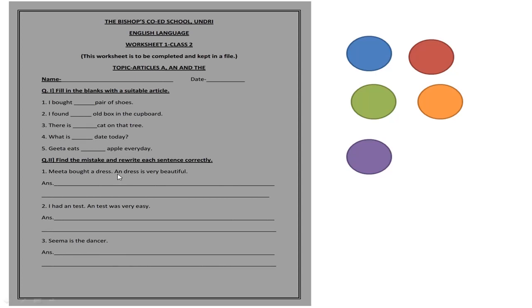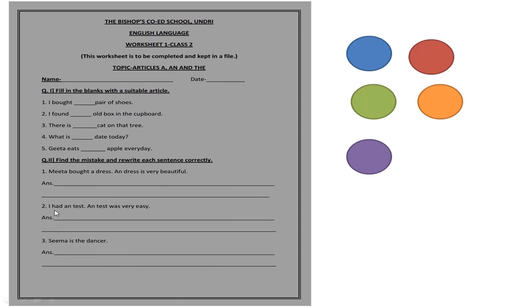So it is the dress is very beautiful. Why is it the dress? Because it is referring to the particular dress from the first sentence. Okay? So the dress is very beautiful. That was a mistake. So rewrite that sentence. Mita bought a dress and the dress is very beautiful.